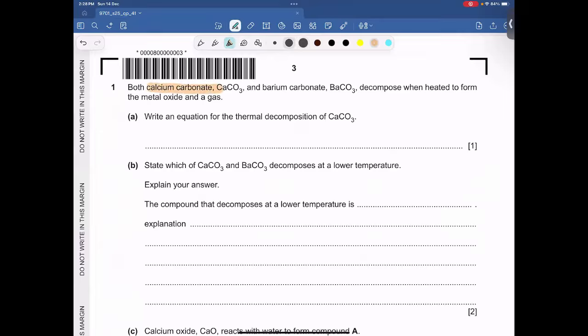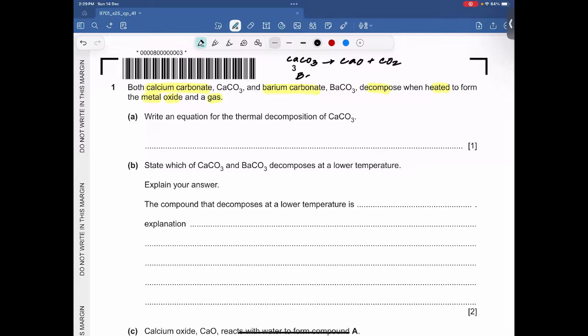Both calcium carbonate and barium carbonate decompose when heated to form metal oxide and gas. So when calcium carbonate is decomposed on heating, it will turn to calcium oxide and carbon dioxide.